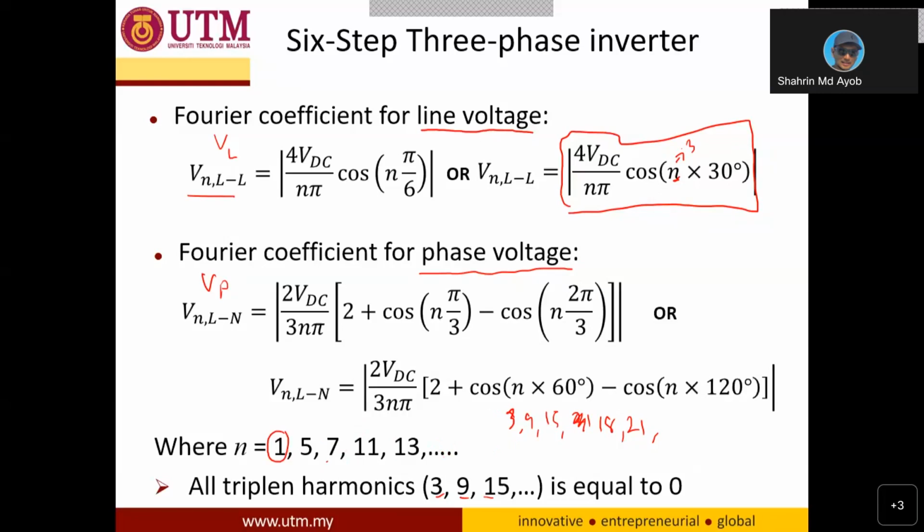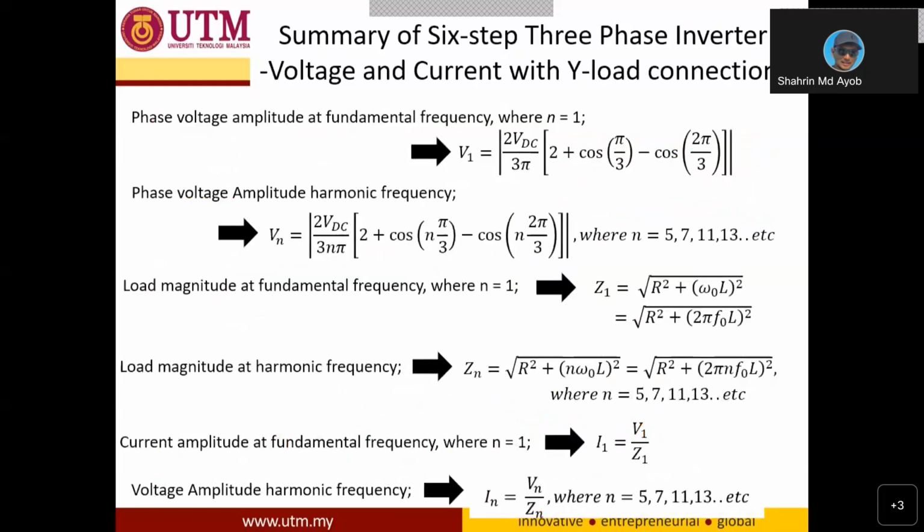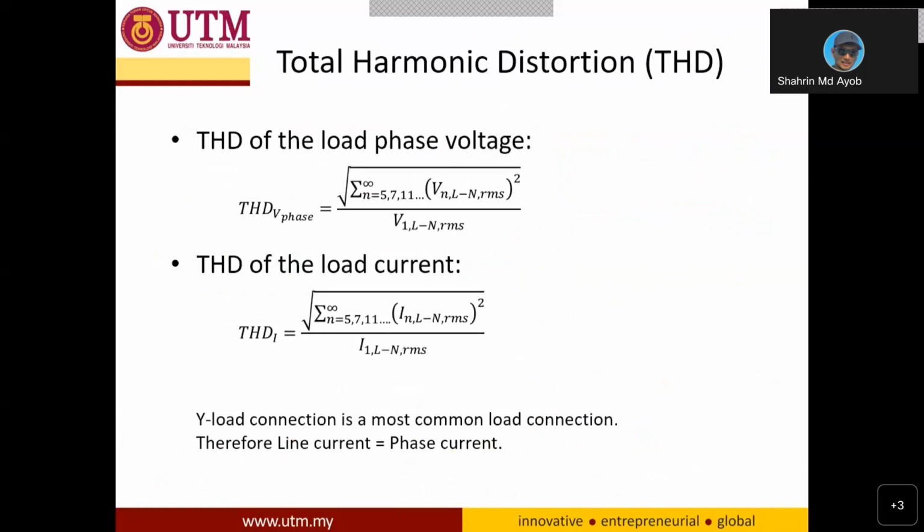This is for the line voltage and this is for the phase voltage. This one I can skip. Then the equation for the THD is the same, which is this one. The upper part is the summation of all harmonics waveforms in RMS values, with the numbers starting with 5, 7, 11, and so on, divided by the V fundamental.